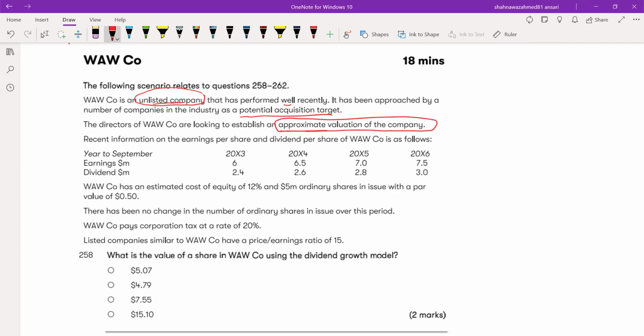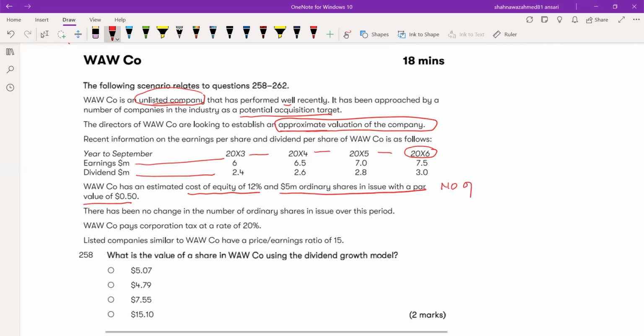We need to find out the value of the business. Information is given for 20X3 to 20X6, with the current year's earnings, that is profit after tax, and dividend. The company has an estimated cost of equity of 12% and 5 million ordinary shares with a par value of $0.50.